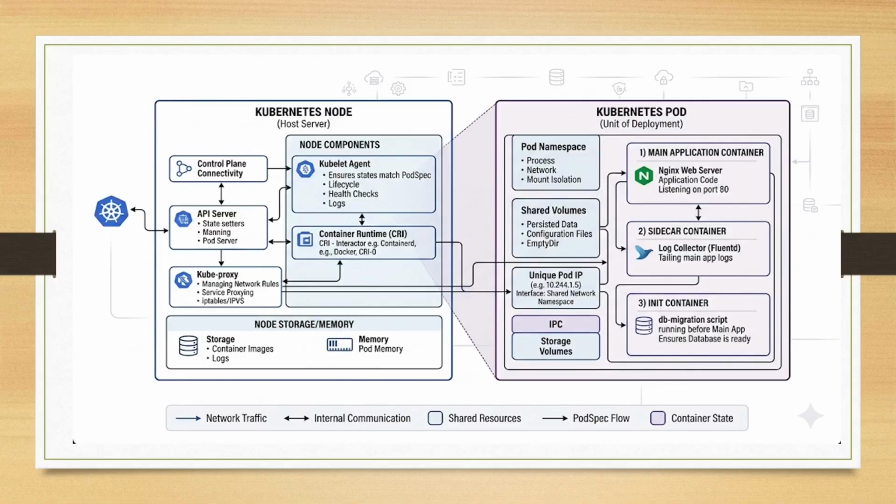They might initiate the environment for your Nginx. There may also be some initialization containers. Inside the pods we have pod namespaces, which are basically a combination of process, network and mount isolation. We can have shared volumes or persistent volumes here. So all these things happen inside the pods.